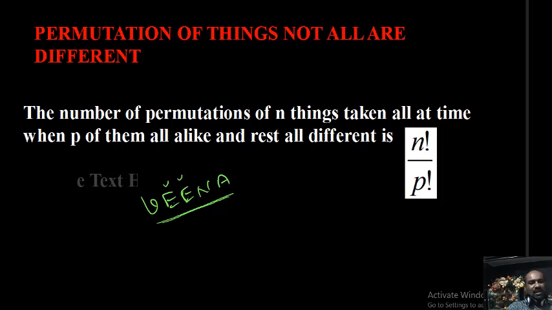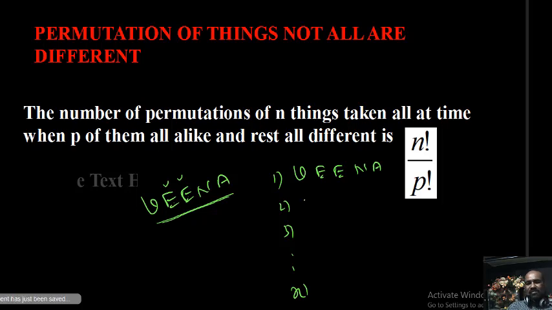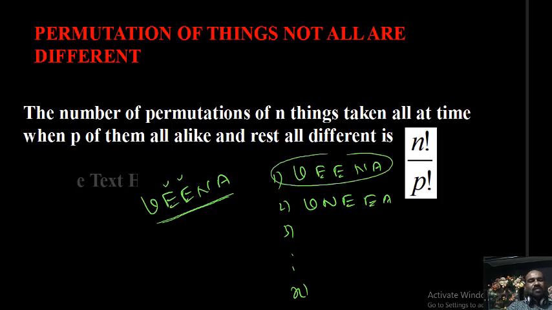Okay, let us assume that there exist x permutations, 1, 2, 3, and so on, x permutations. Take any one of such x permutations. One of them is this one. Another one is this one, like that. Take one of the permutations. That permutation contains 5 letters, and those two like terms.